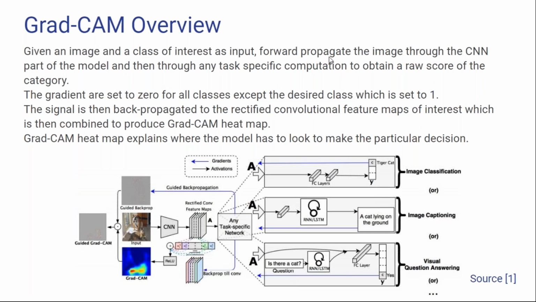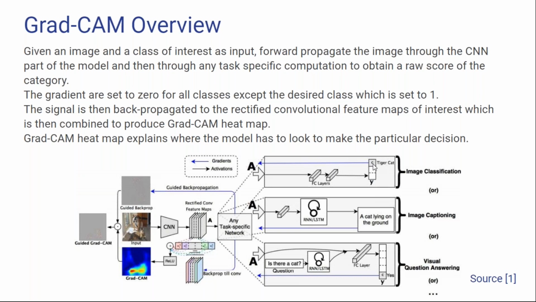Okay, so the steps are that you have an image and you pass it through, and it will forward propagate the image through the CNN of the model, and then through the task specification, and obtain a score for that particular class. This is the score for tiger cat. This is where the Grad-CAM operation starts.